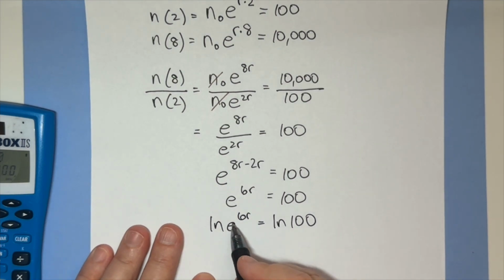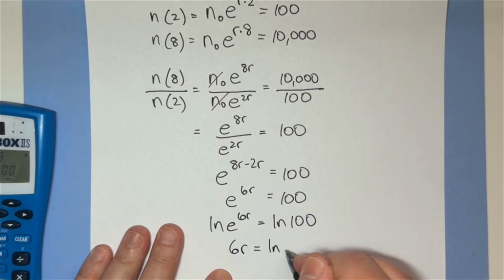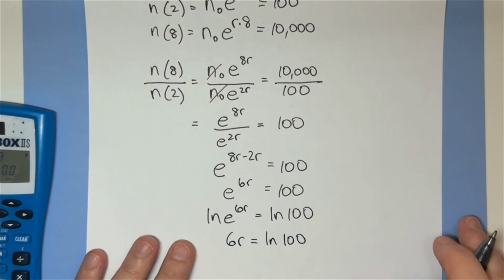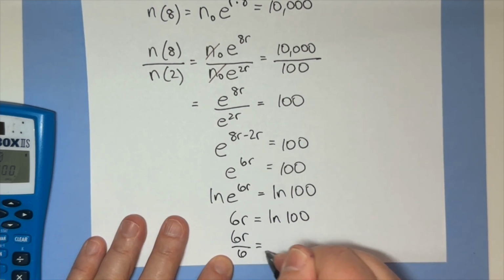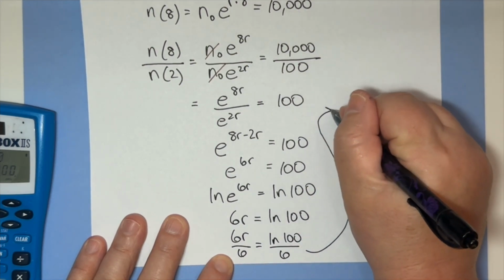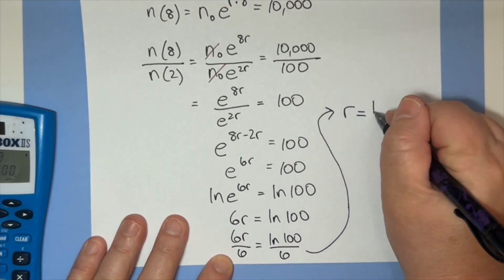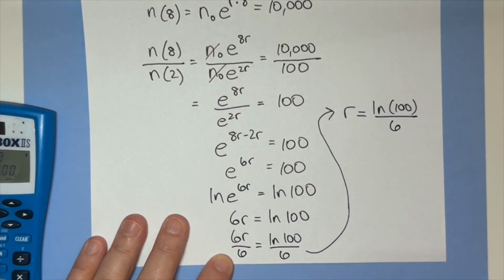Natural log is nice because natural log and e, remember, they undo each other. So I get 6r equals natural log of 100. Or I can divide both sides by 6, and I get r equals natural log of 100 all over 6.